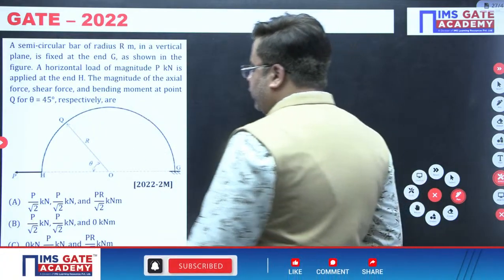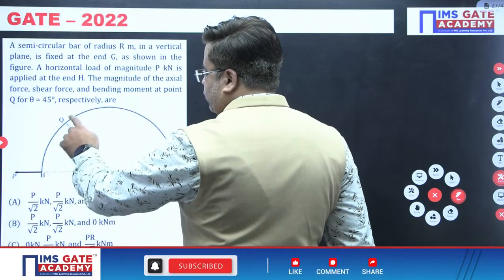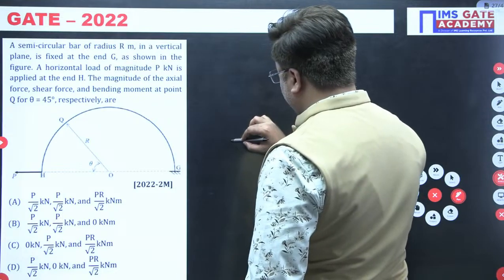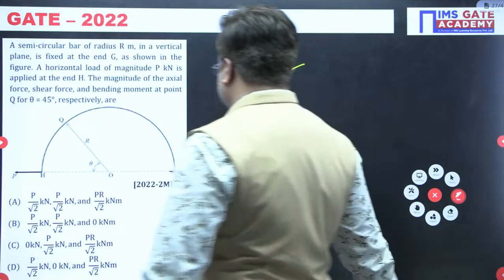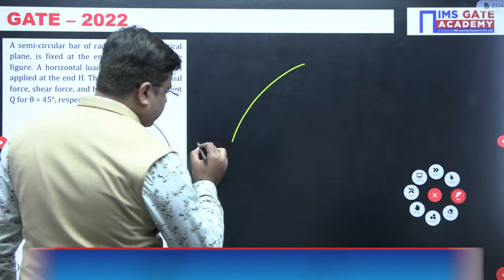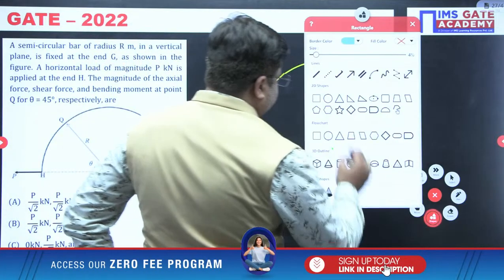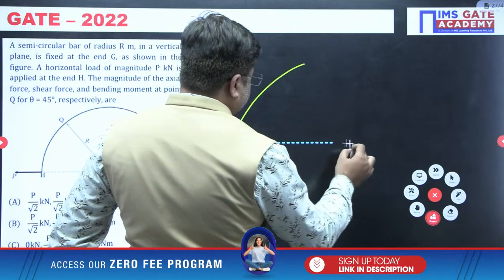So what we are going to do is consider this portion HQ. This is the portion HQ like this, and it is subjected to a load of P here.